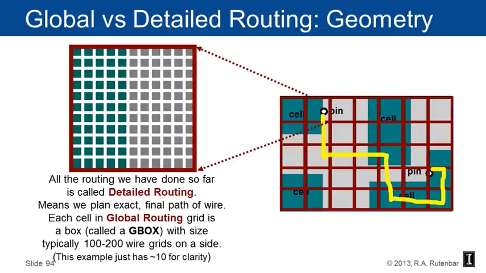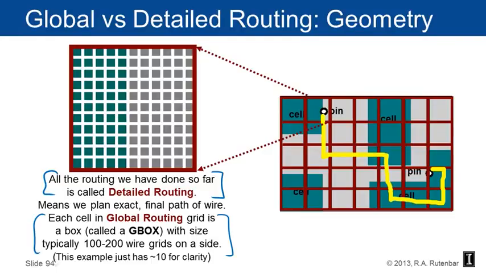All of the routing that we've actually talked about so far has a name. It's called detailed routing. And why it's called detailed routing is that it plans the exact final path of the wire. Now, in this kind of routing, we are not planning the exact final path of the wire. We're just telling you roughly where the wire wants to go. And what roughly means is through this set of big coarse grids.